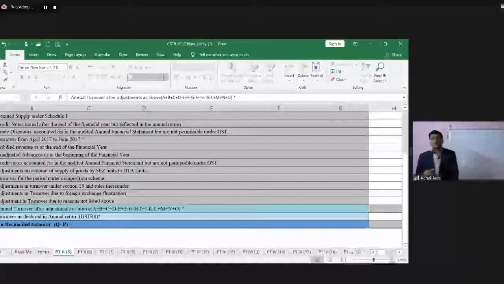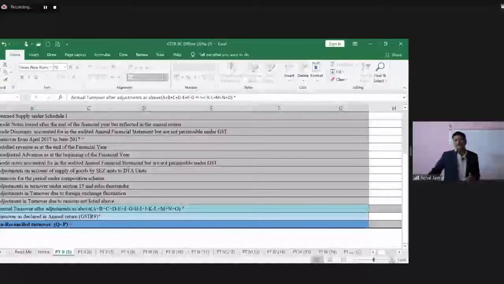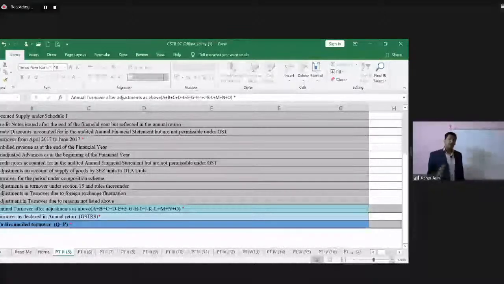He also needs to get down into the details in respect of turnover shown in the books of accounts, whether any more reconciling items exist or not. It means he needs to do this assessment independently. And if there are any more reconciling items, he would have to make sure that those are also captured over here, which may also require changes in GSTR 9.